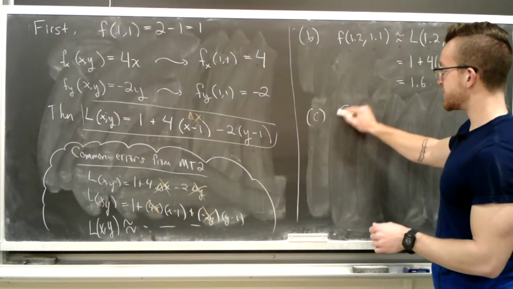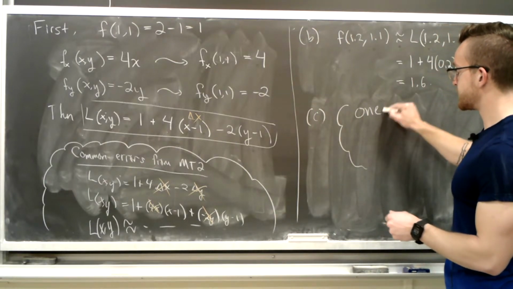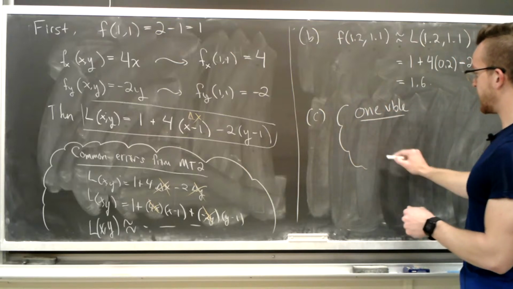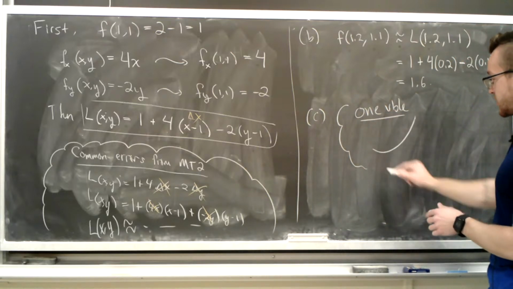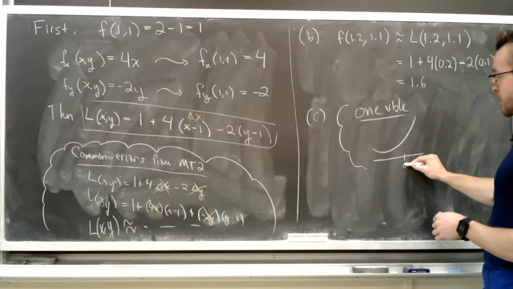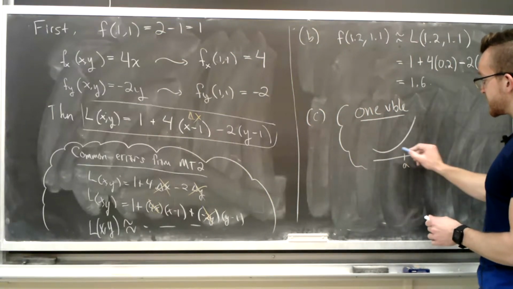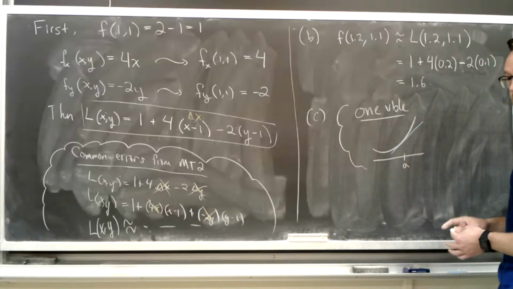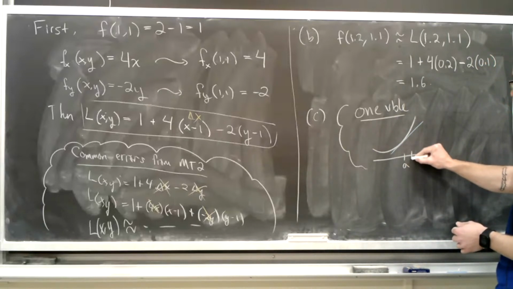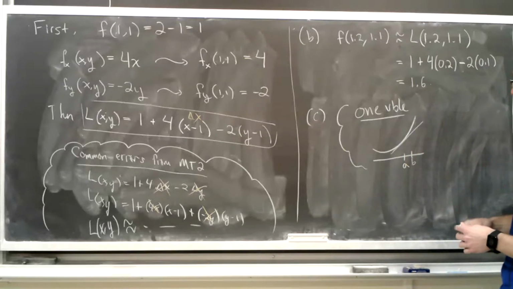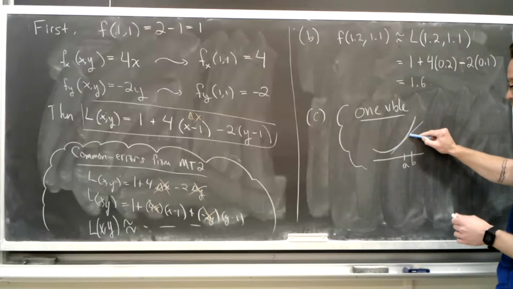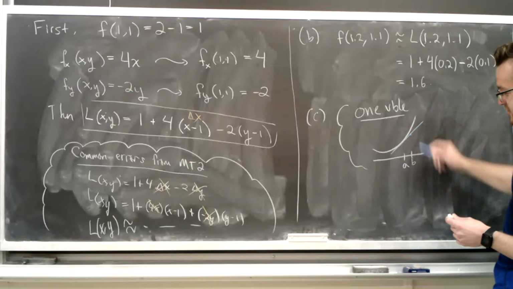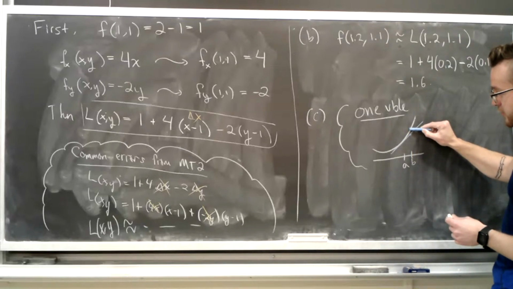So for part C, in the one variable case, if we had a function and I went to some point A and I computed the linearization at that point, I would get something like this. And then if I asked, over here at some point B, how does the linearization approximation compare to the true value of the function?